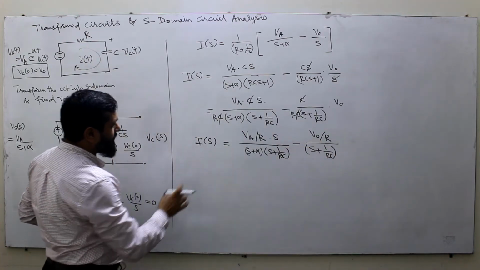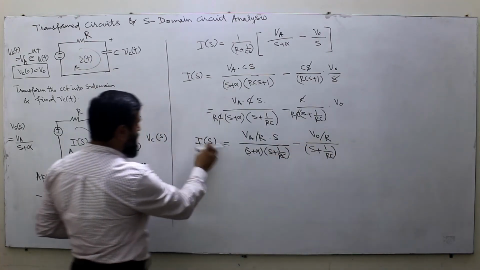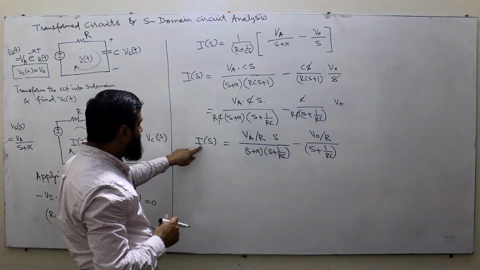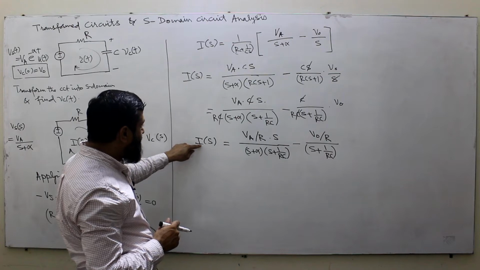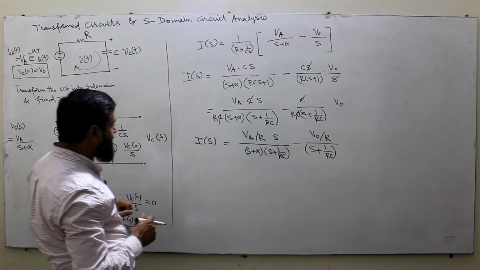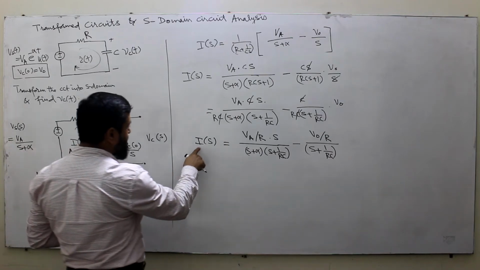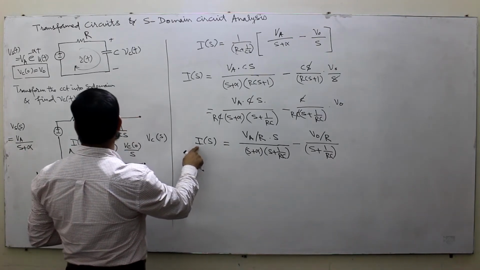Okay, so we have obtained the expression for the I of S, and we can also take it into the time domain by taking the inverse Laplace transformation. However, we have not been asked to find out I of t.